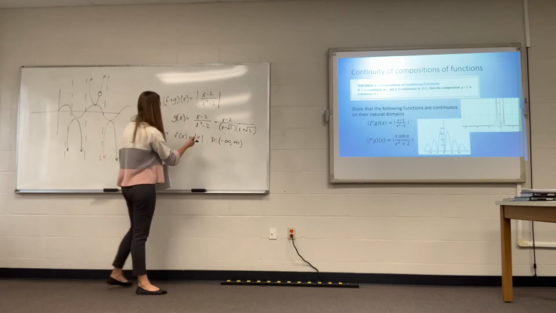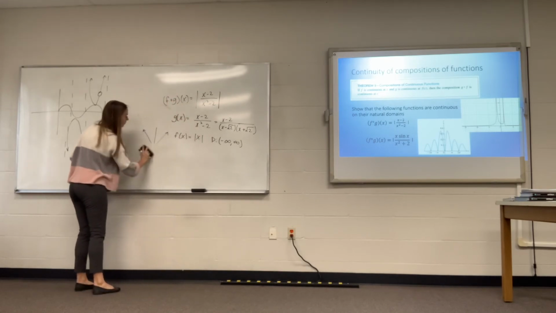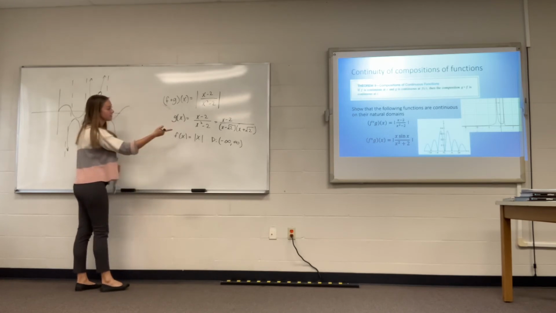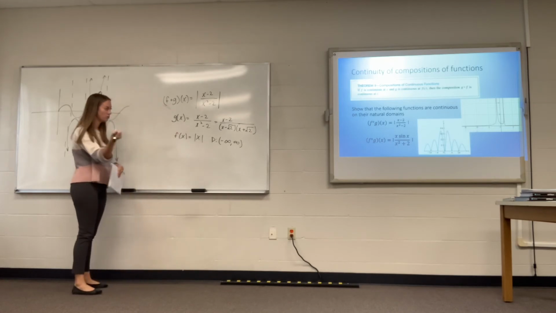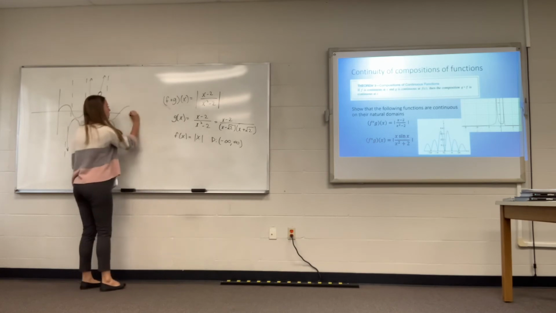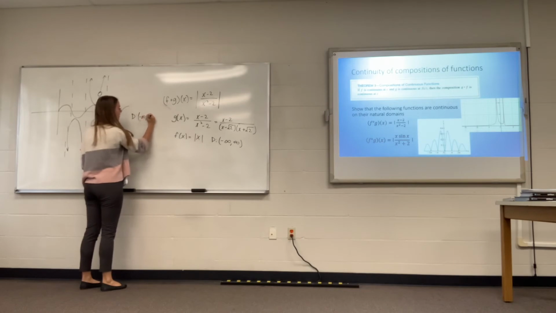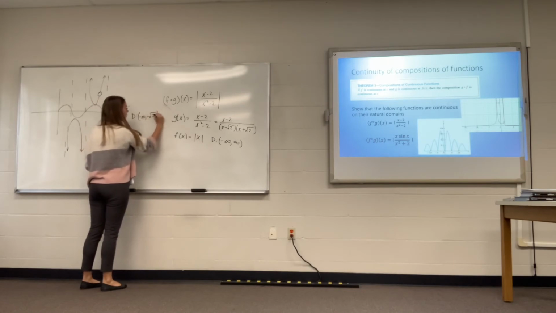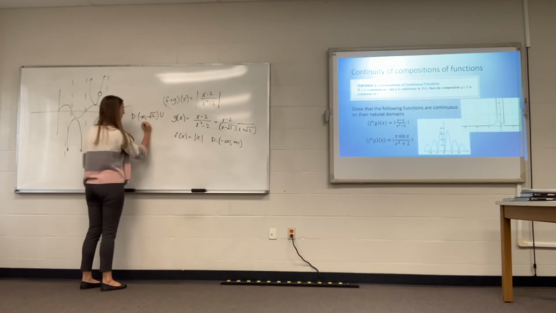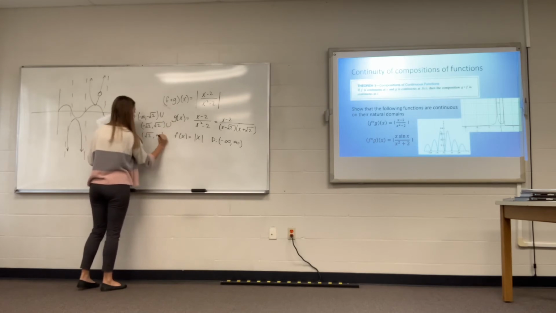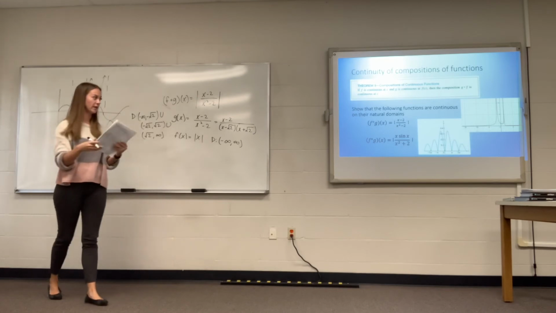So I know that for g of x, I'm going to have the breaks at positive square root of 2 and negative square root of 2. So my domain for g of x, I could say negative infinity to negative square root of 2, and then negative square root of 2 to positive square root of 2, and square root of 2 to infinity, just because I have those multiple breaks.